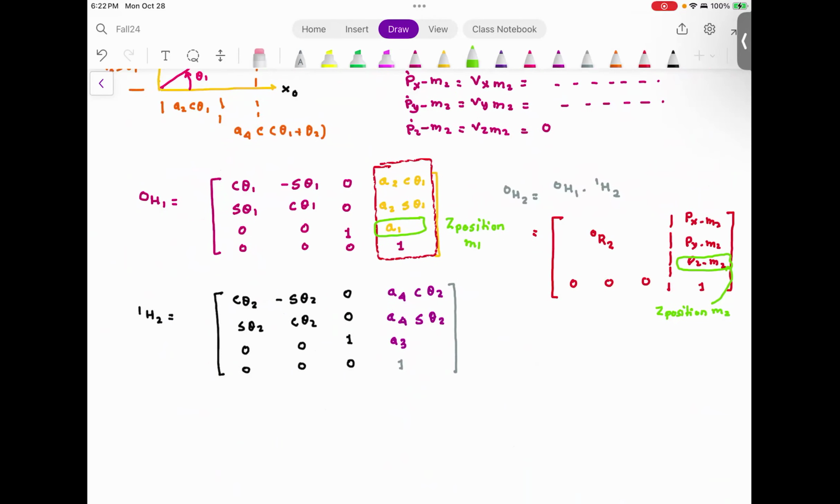Once you migrate to MATLAB, it's extremely simple and straightforward. But conceptually, first you have to solve the forward kinematics problem. You have to find the position of each mass with respect to the inertial frame, which can be found using 0H1 or 0H2 and so forth. Everyone understood this?